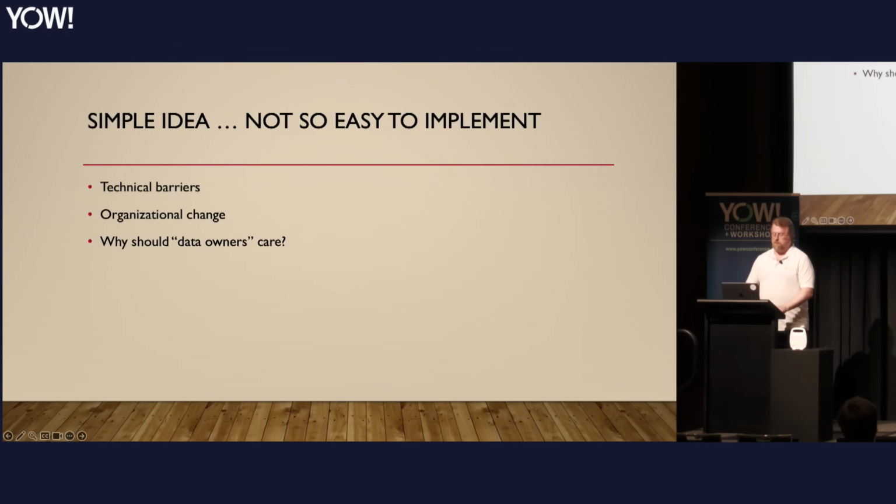One of the biggest aspects of the organizational change is why should the data owners care about creating great data products? For most of these internal teams, the data is sort of a waste product, or it's an exhaust created by their actual process. It's not something that they think of as a resource that they're creating for anyone else's use.